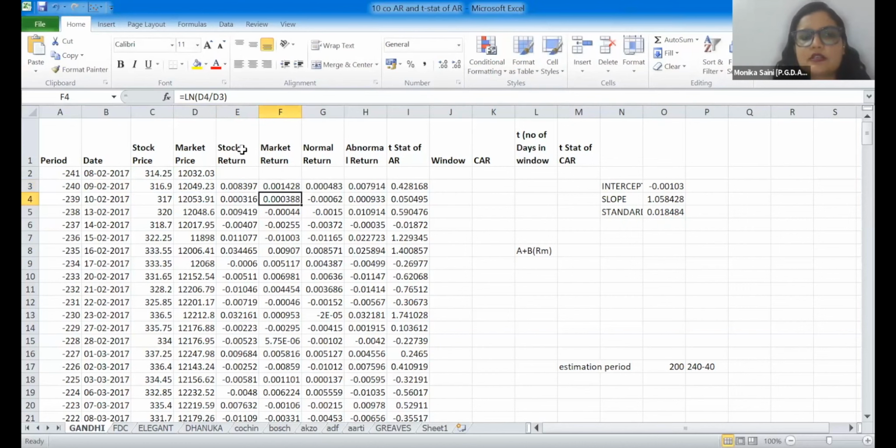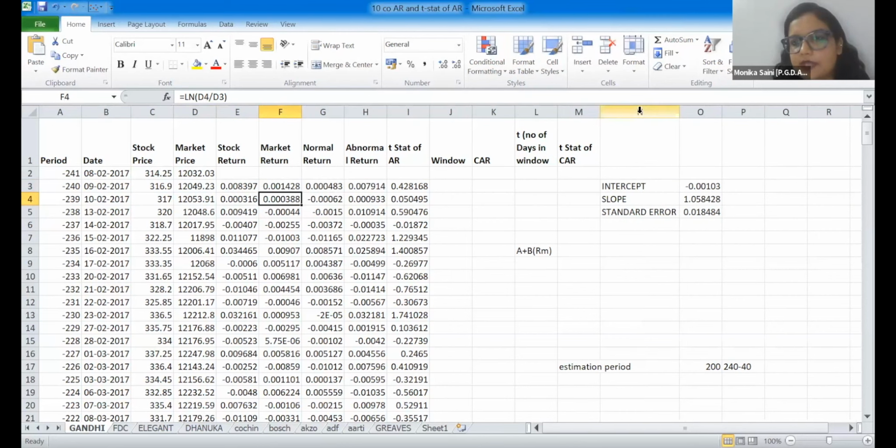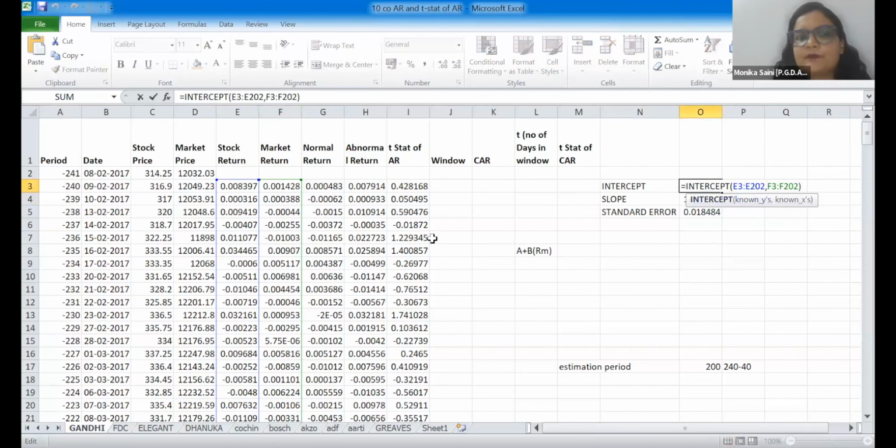After doing this stock return calculation and the market return calculation, the next step is to calculate these intercept and slope. How to calculate these intercept and slope? By using the slope and intercept formula that we all know in Excel, that is equal to intercept, and then we will select the stock price data and the market return data.